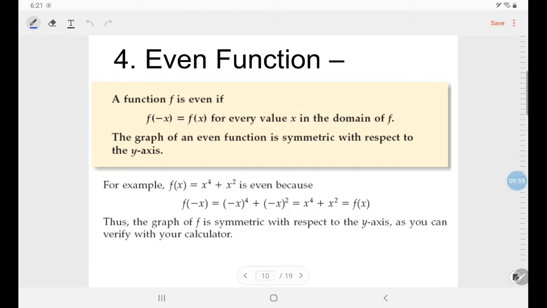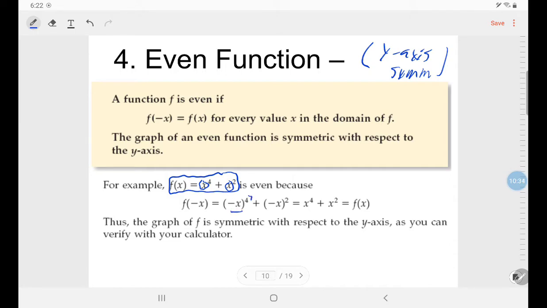Here's an example of an even function. And again, an even function has which type of symmetry? Yeah, it has y-axis symmetry. So here's an example: x to the fourth plus x squared equals your f of x. To determine algebraically if it is an even function or if it has y-axis symmetry, I'm going to replace this x and this x with a negative x.